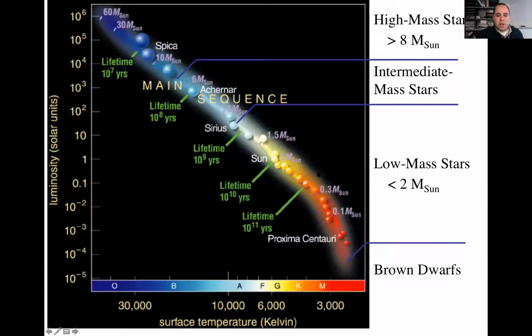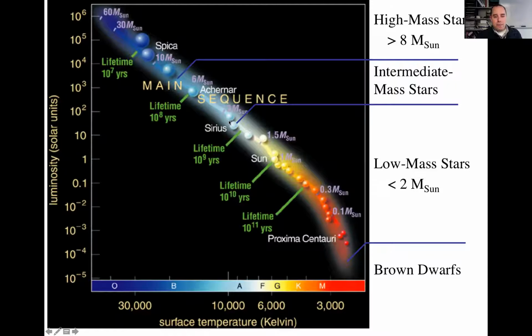So here is our standard HR diagram again. We've got the high mass stars at the very top, obviously the low mass stars at the very bottom, and this is the main sequence. And stars will spend most of their lives on the main sequence. So I don't want to downplay the main sequence part of a star's life, because for any given star, it will spend most of its life on the main sequence.